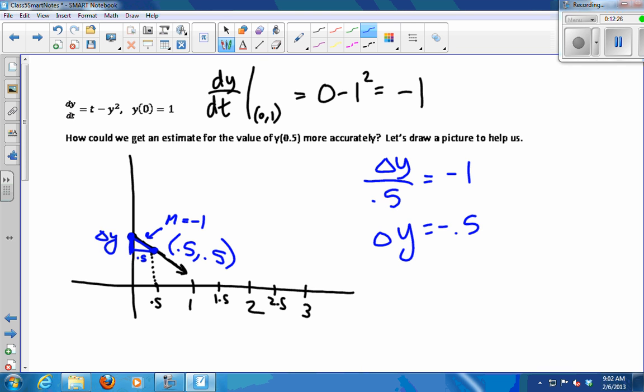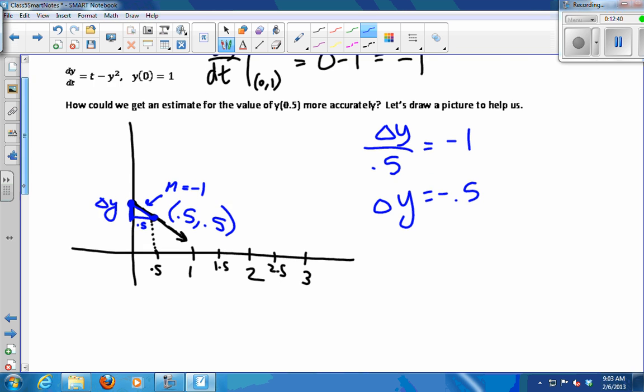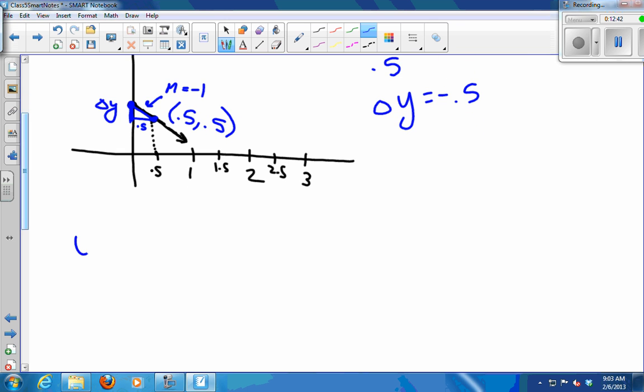Does that make sense? So we're going to say 0.5, comma, 0.5 is near my solution curve, right? So I would say that y, my solution at 0.5, is approximately 0.5.